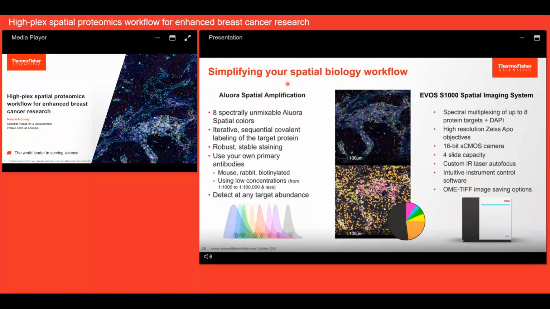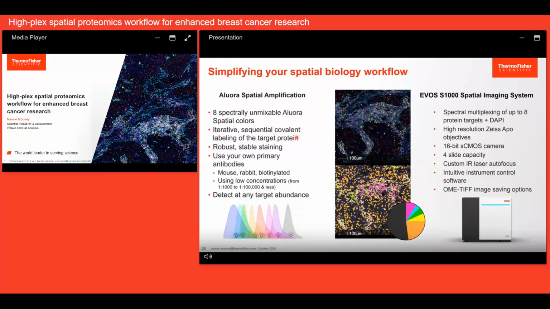So in conclusion, I was able to use the Alora spatial reagents to stain this invasive ductal carcinoma with 8 different biomarkers and then run an analysis. So the Alora spatial reagents are 8 spectrally unmixable colors that can iteratively and sequentially covalently label target proteins on your tissue.